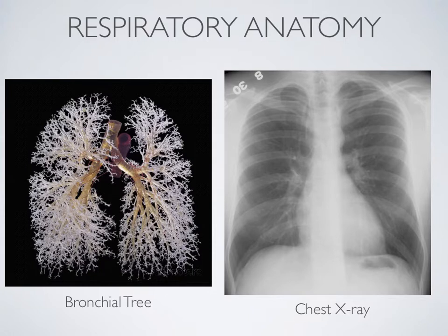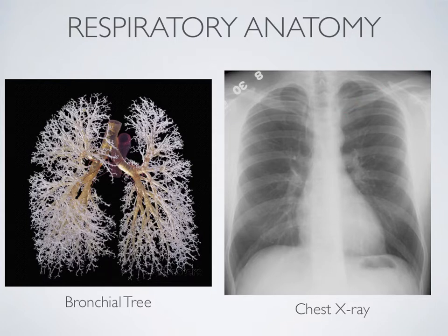Remember with x-ray, the darker something is, that means the more x-rays pass through it, the less dense that material is. So if there's absolutely no tissue, x-rays will completely pass through and it'll show up as black on the x-ray. So the more dense it is, the more opaque the image becomes. And really what you're looking at is a shadow of the different tissue densities in the area.